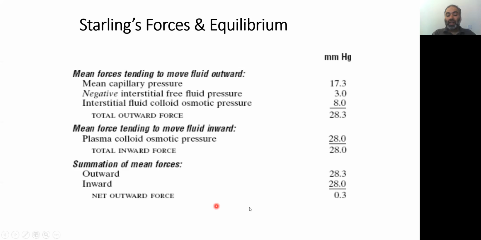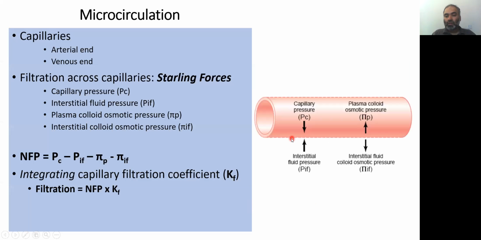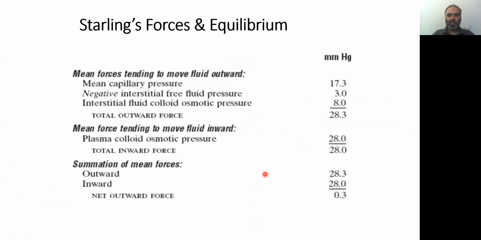So the net outward force across, let's say if this were the entire microcirculation of the body, just let's assume, throughout this length there's a net filtration pressure of 0.3 mmHg at which the fluid is coming out of this capillary, and that fluid then keeps the surfaces wet and nice and supple, and also is taken out. Any variations are taken out through the lymphatics. Okay, so I hope this is clear.